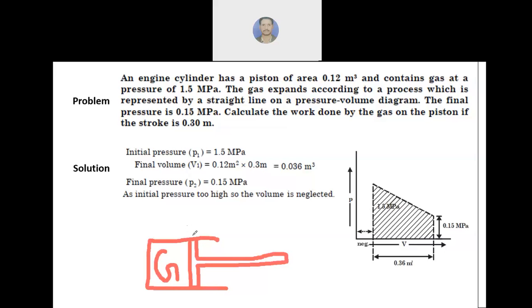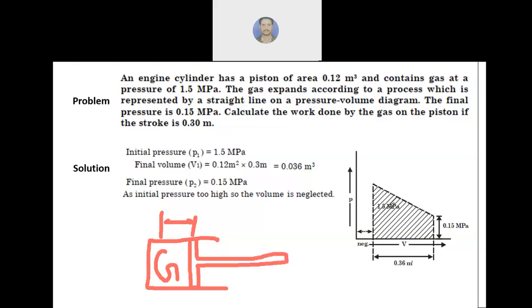Suppose this is the initial position of the piston and the piston moves up to a new point, which is this. This distance is known as the stroke, which is 0.3 meter. So this is our system.